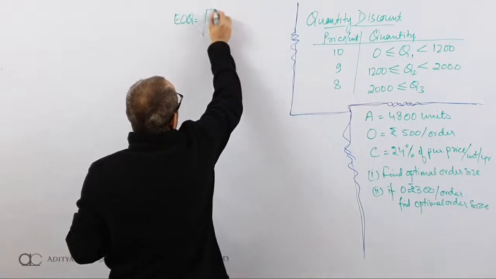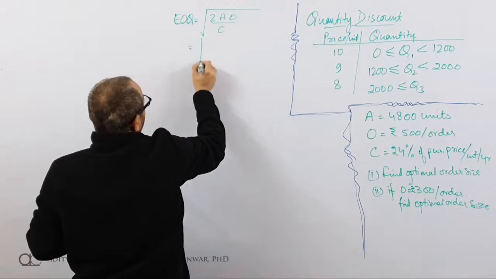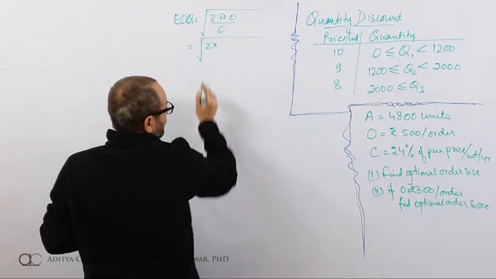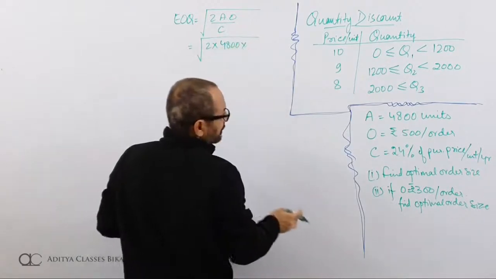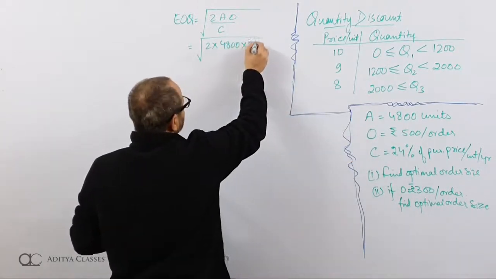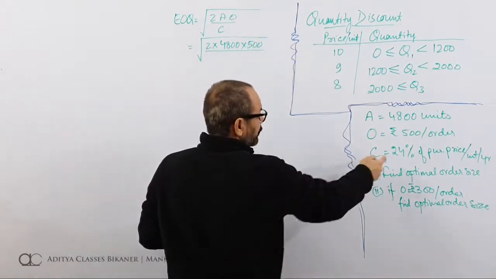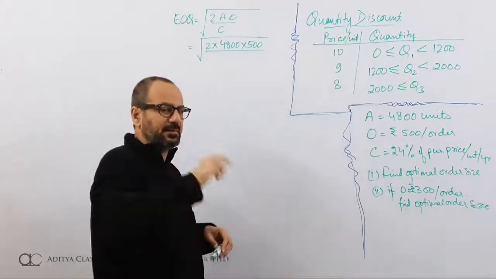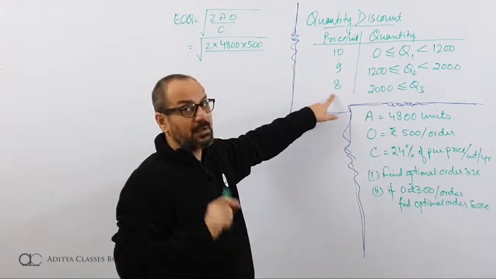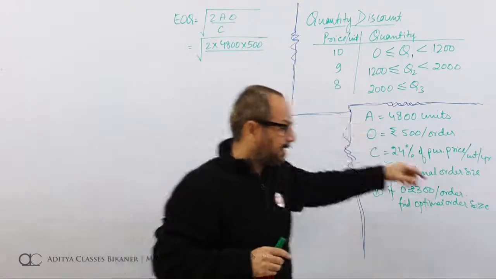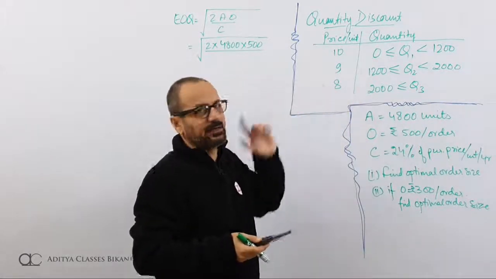I'll find out EOQ using the square root of 2AO upon C. A is 4800, ordering cost is 500, and C is 24% of purchase price per unit per year. Now I want my supplier to supply at 8 rupees.